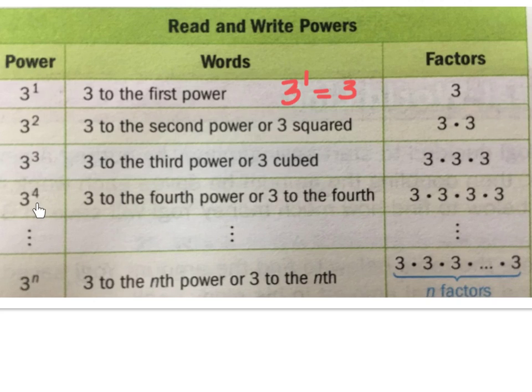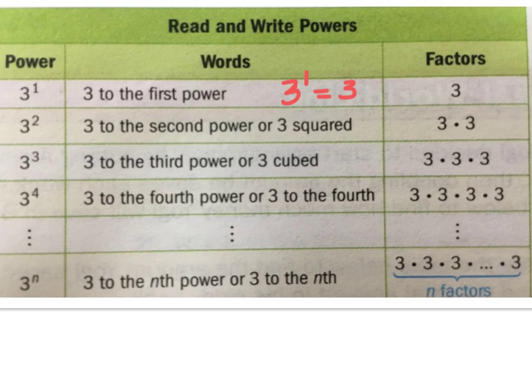3 to the fourth power, or we can also say 3 to the fourth, tells us that we must multiply the base, which is 3, times itself 4 times. So we do 3 times 3 times 3 times 3. And we can do that for as large as our exponent may be.